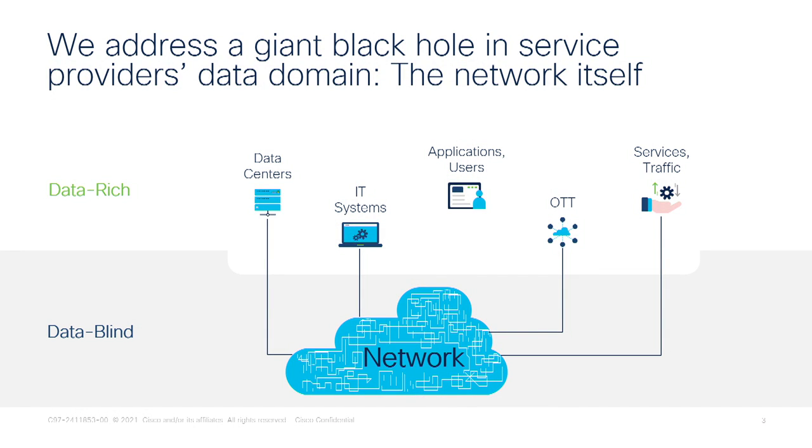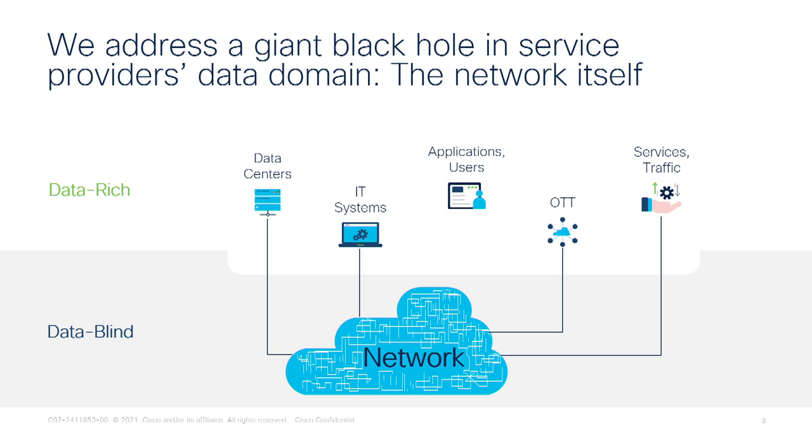But let's back up a couple of steps and understand why we need this hierarchical network controller in the first place. The problem is that we address a giant black hole in the way that networks are typically automated and run. There's a very data-rich layer within service provider networks, usually up in the IT and the OSS, where people really understand how to create automations, how to program APIs, how to program user interfaces, how to manage different things.